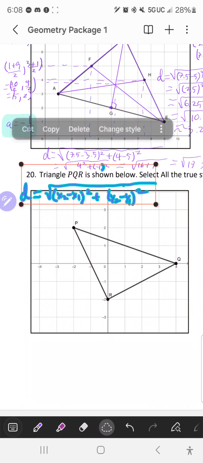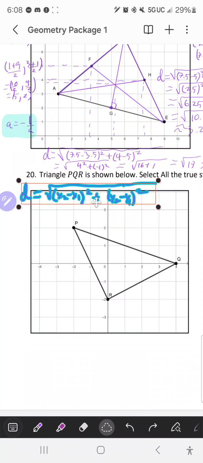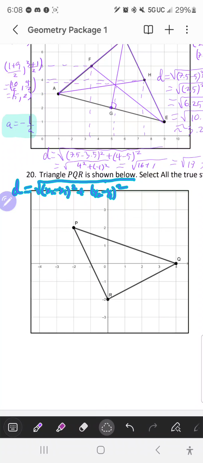In this case, I need to make this smaller so I can put it here.